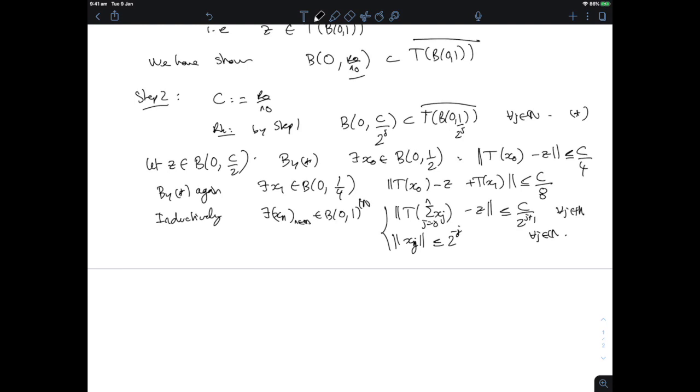Okay. Now, that means what? That means that the sum of xj, if you go j between some n and some m, is going to be smaller than the sum of this geometric series for all n and m in N with m greater than n, and therefore these series converge.